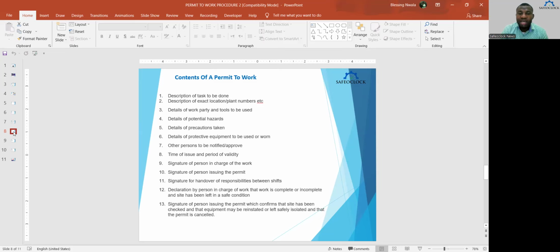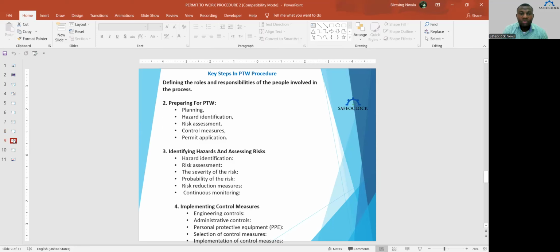Then the permit issuer's and the permit receiver's signatures are also contained in the permit. Handover, in case the permit is extended to the next shift, the column for handover, who takes over, and all those are part of what is included in the typical permit to work document.